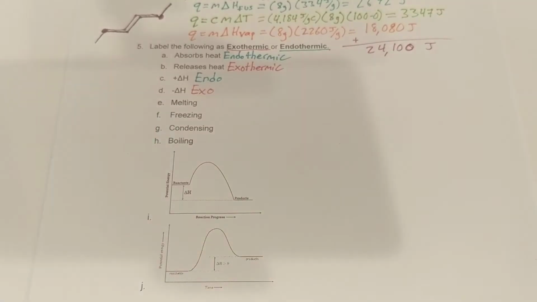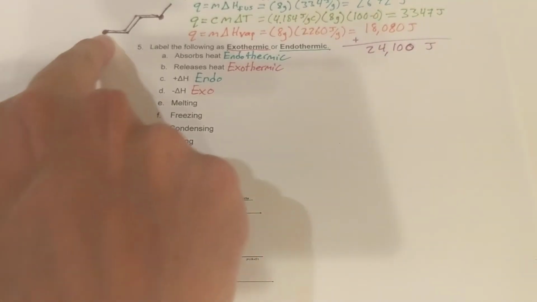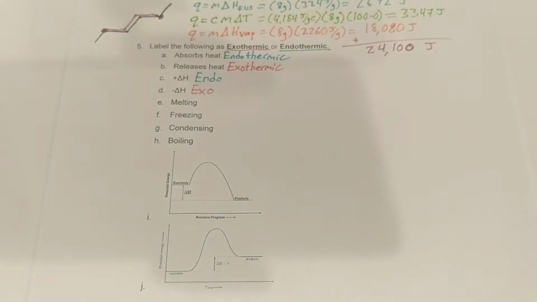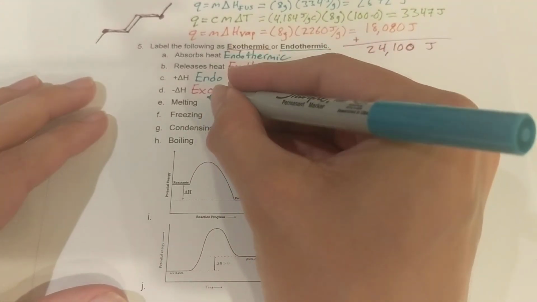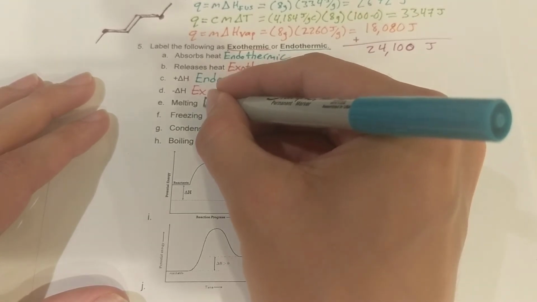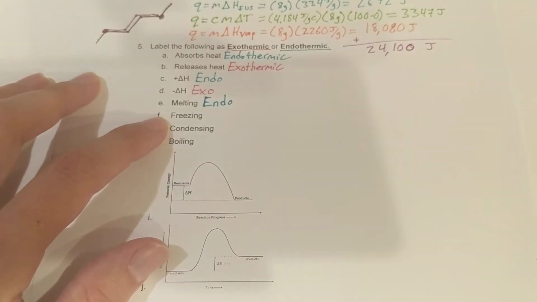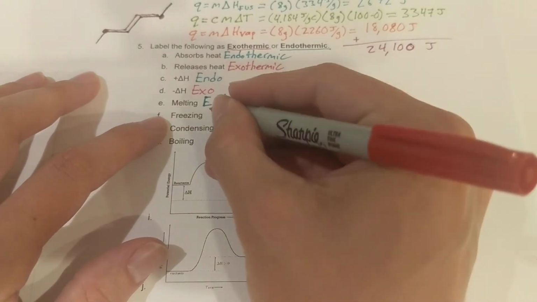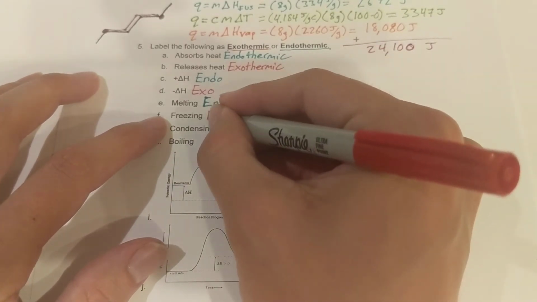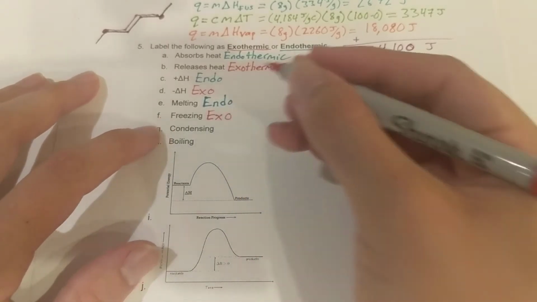For melting, I always like thinking of our heating curves. In melting, we need to absorb energy. We are warming up before and after melting. So we are absorbing that heat. Melting is endo, whereas freezing, we're cooling off. We are releasing that heat. Freezing is exo.